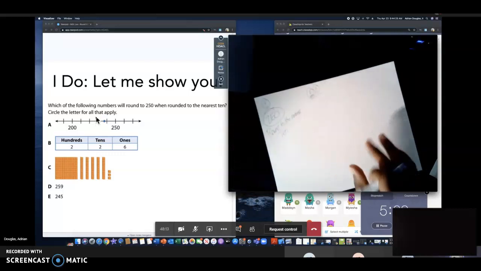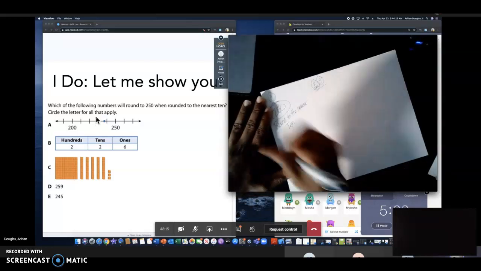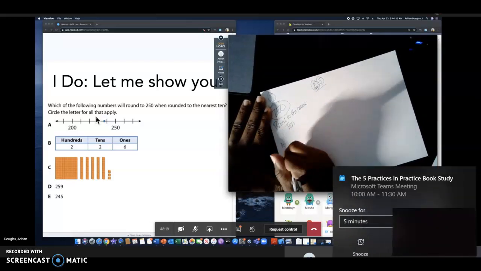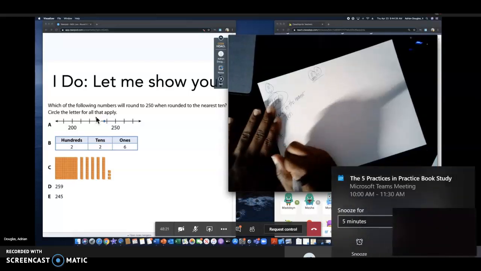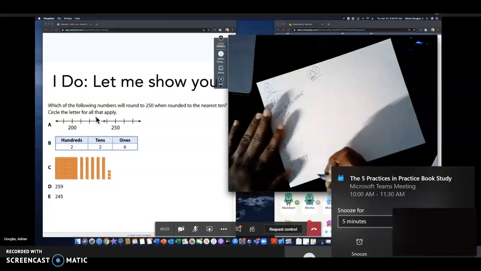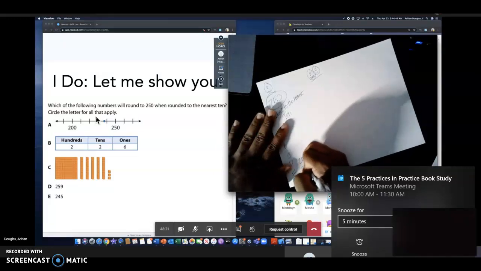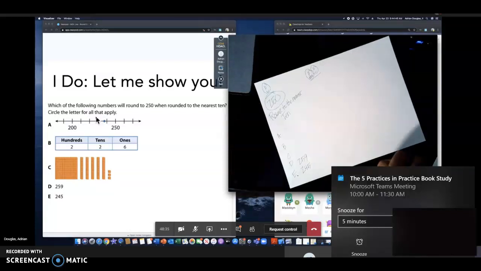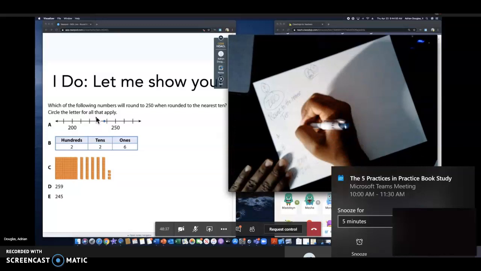It'll help recognize which numbers I'm working with. I'm going to put a section for A, B, C, D, and I already know that D is 259 and E is 245.